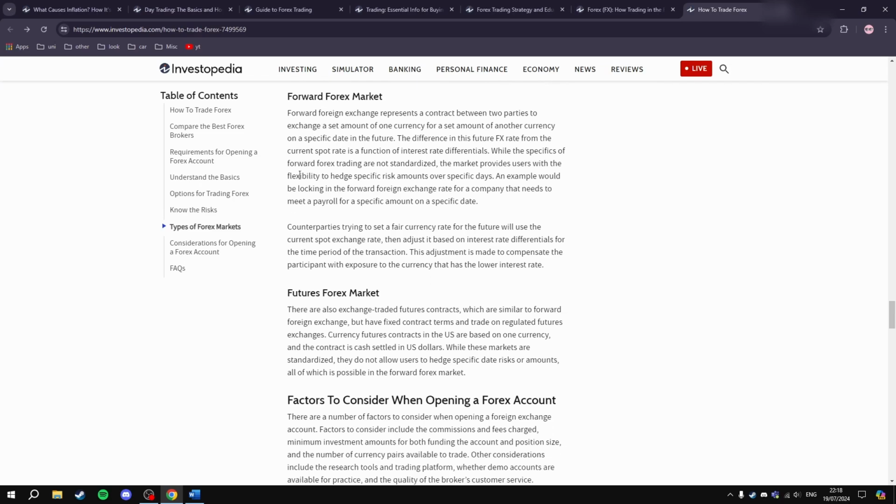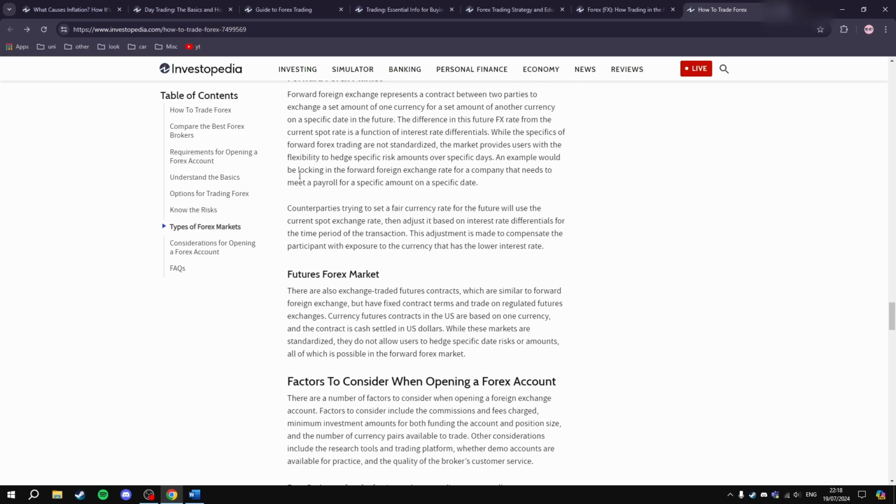And then we got the forward Forex market, so contract between two parties to exchange a set amount of one currency for a set amount of another currency on a specific date in the future. Difference from in the future FX rate from the current spot rate is a function of interest rate differentials.